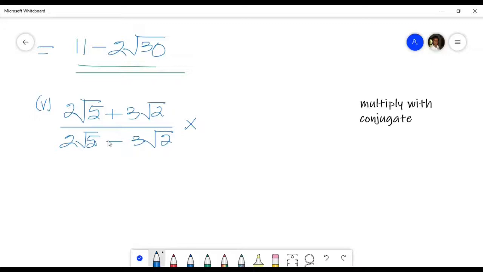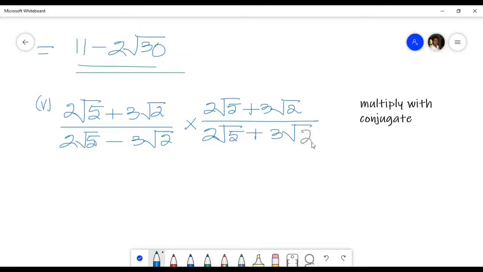We'll multiply both the numerator and denominator with the conjugate of the denominator of the question. So the conjugate is 2 root 5 plus 3 root 2. That's what we are doing. We are multiplying both the numerator and the denominator with the conjugate.